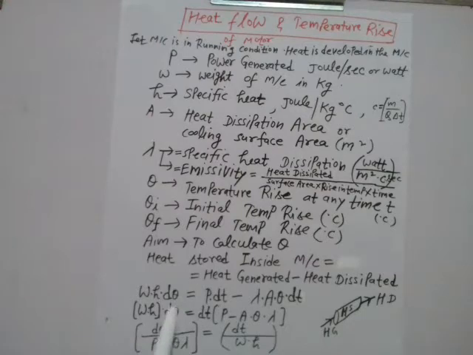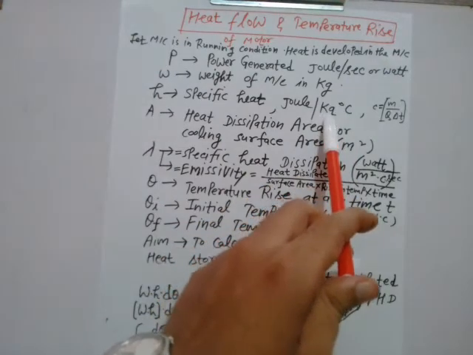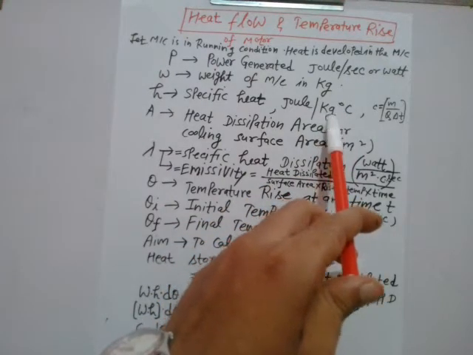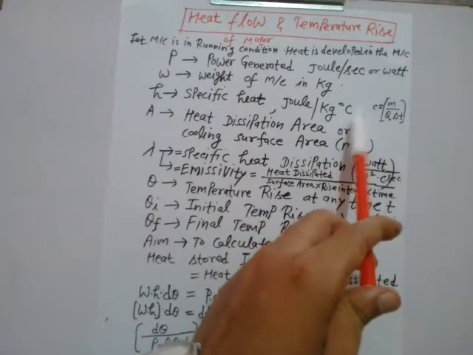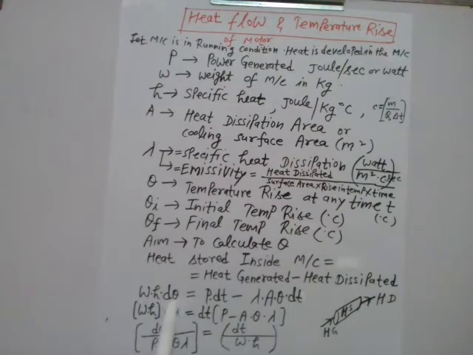That is, the specific heat H multiplied by the weight of the machine W, into the temperature rise. So W H into d theta. We are calculating this for an elemental portion, for a small temperature rise, so we put d theta.